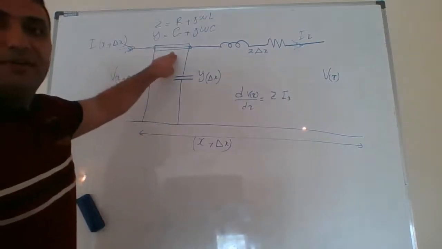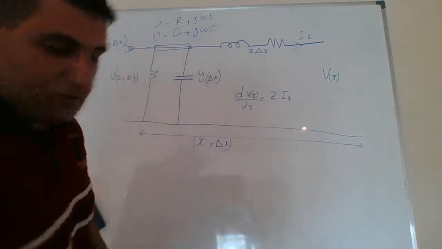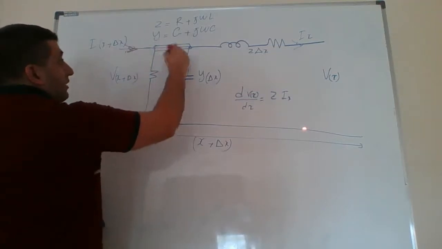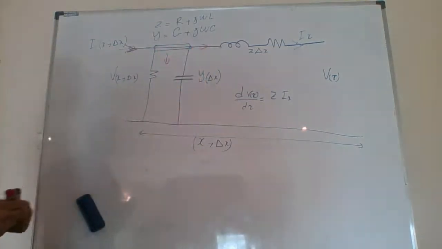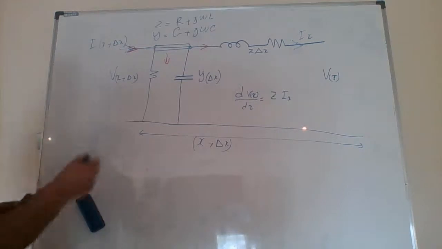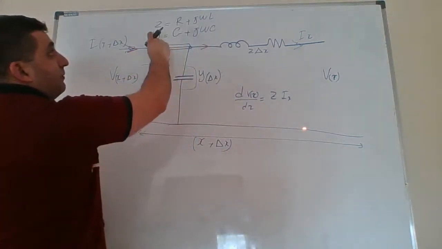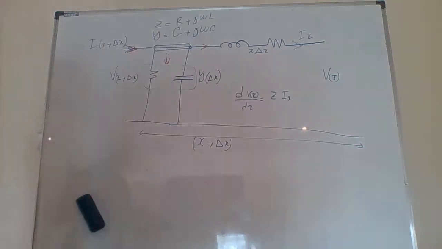At this node, what do I have? Let's use a different color. I have this current, it's equal to the current that goes down plus this current. This is represented by Y, by the admittance. So tell me, what's a current equal to?